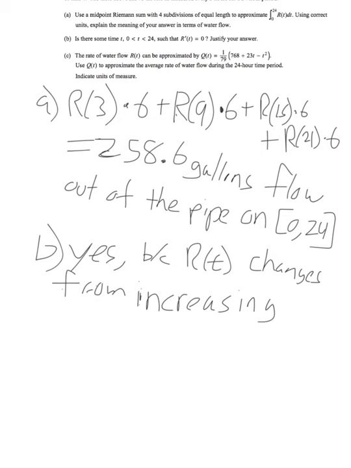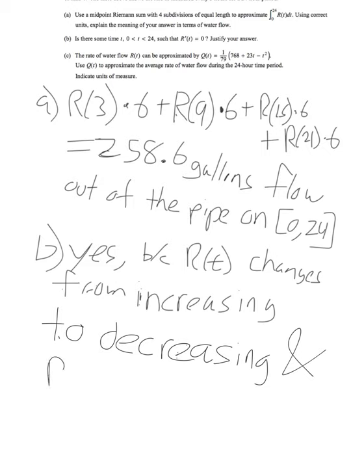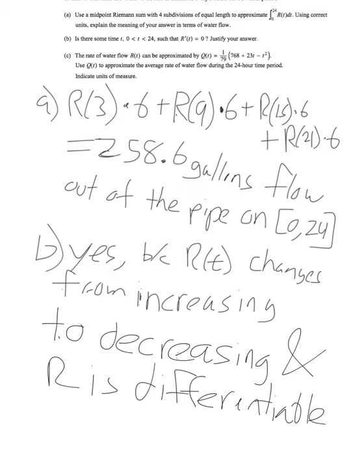I switched to writing with my finger because my stylus seems to be out of charge. So those two facts together guarantee that there has to be a place where the derivative equals 0.